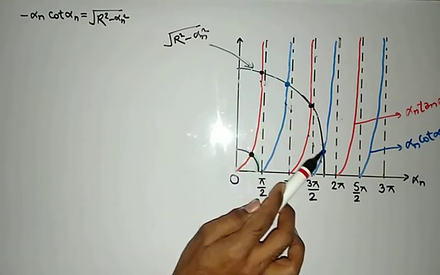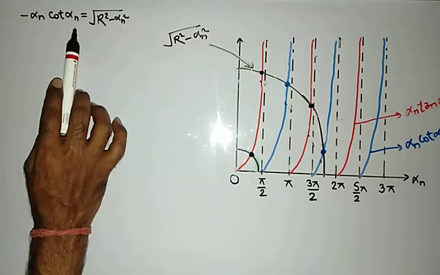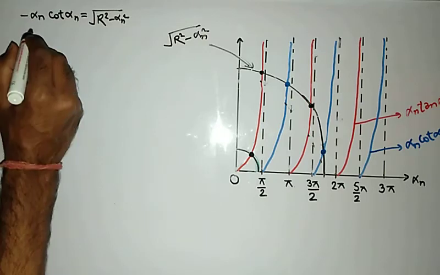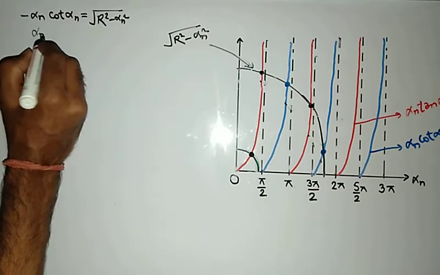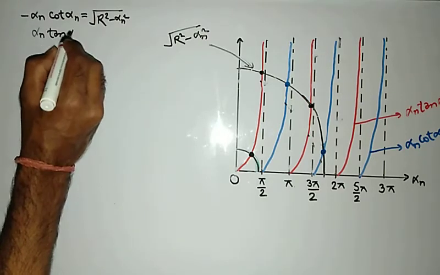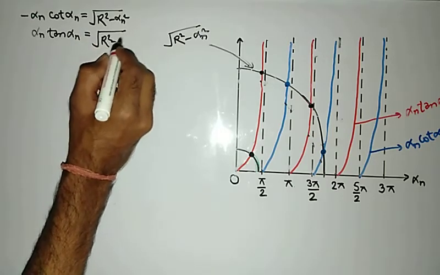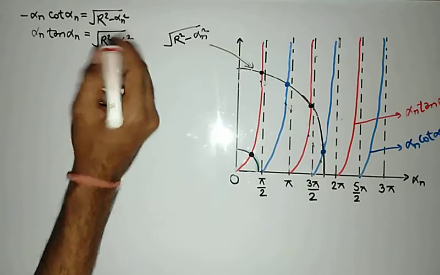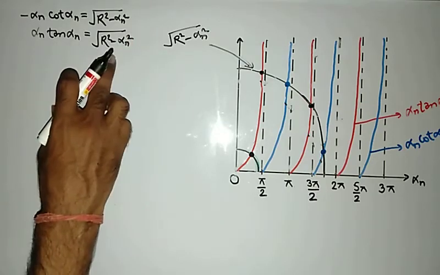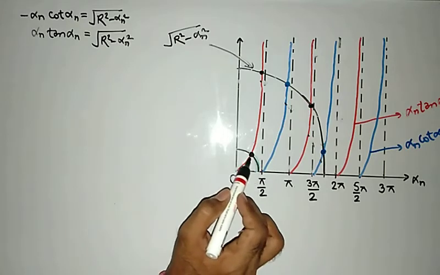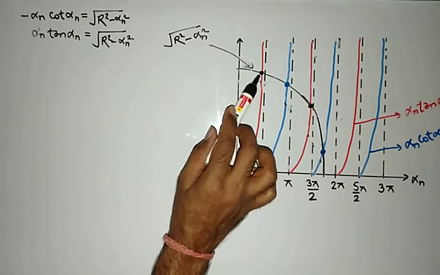So, these are the solutions of this equation, the intersection of this and this. Also, alpha n tan alpha n, under root r square minus alpha n square. So, the solutions of these equations are shown by these black dots here.